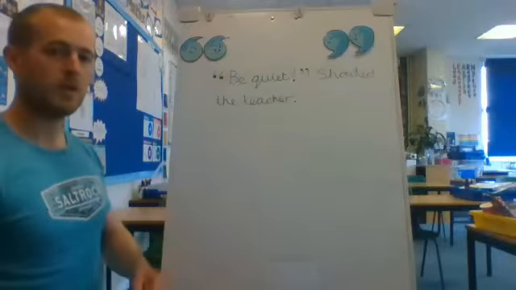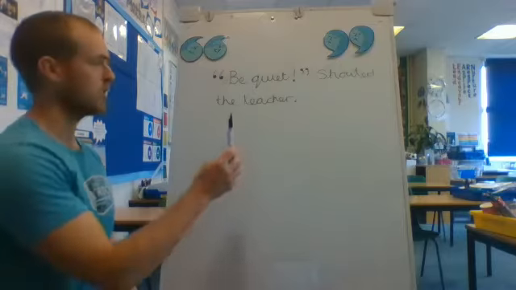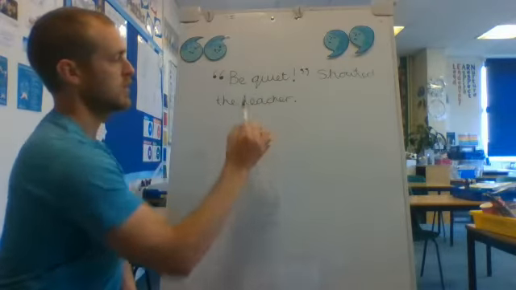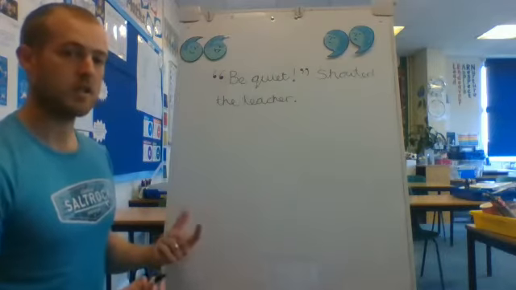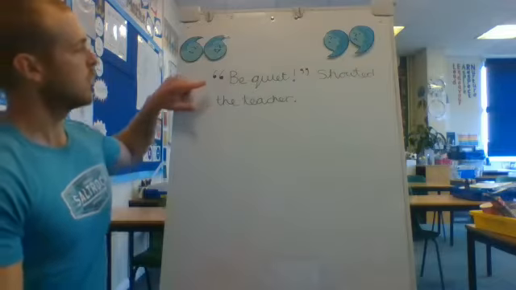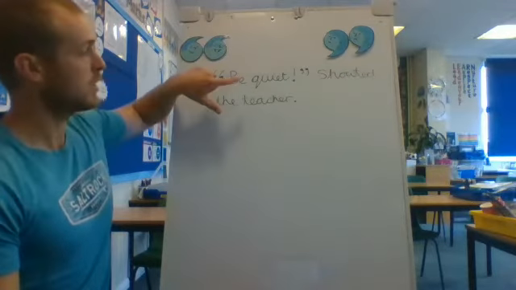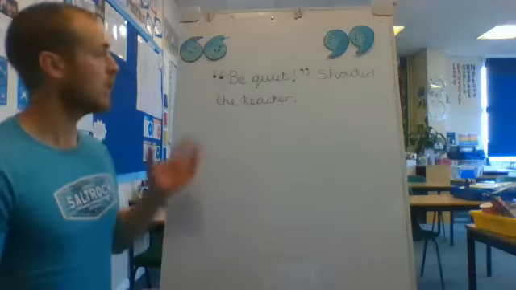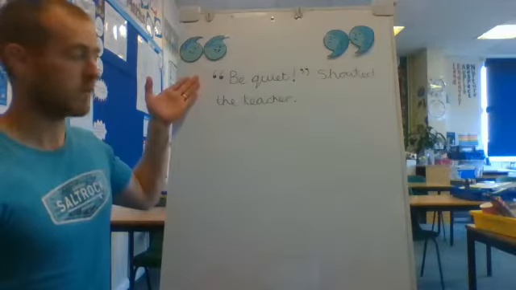Okay, here's my first example for you. I'm going to read it to you, you can read it as well. "Be quiet!" shouted the teacher. Okay, so this sentence includes somebody who's talking. It's a teacher. And the teacher says, be quiet. We need to show a reader who's reading our work which parts are spoken by the character.